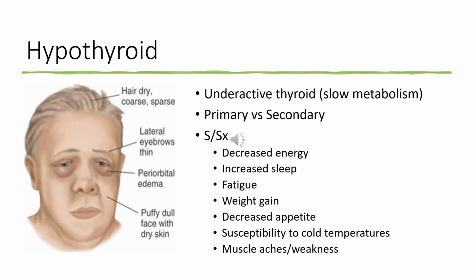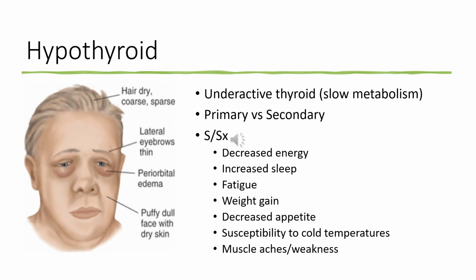So primary hypothyroidism develops as a result of a disorder with the thyroid gland. TSH is increased because of the negative feedback loop. So remember, the body is trying to have it produce more thyroid hormone. So it has that thyroid stimulating hormone and it kicks it out, but the body is not responding to it.